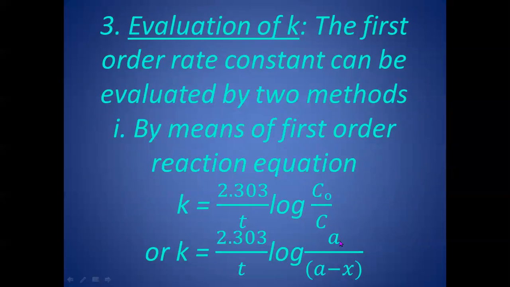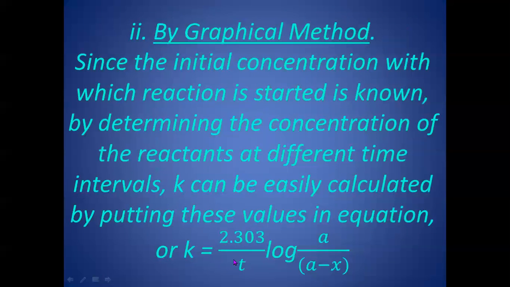For example, A is the initial concentration of reactant and X is the concentration of reactant which is reacted, or converted into product. Then the remaining concentration will be A minus X. Therefore, we can calculate K as 2.303 by T log A by A minus X. We can use this equation, and for each value of X, we can calculate the value of K, and then we can find K as constant.